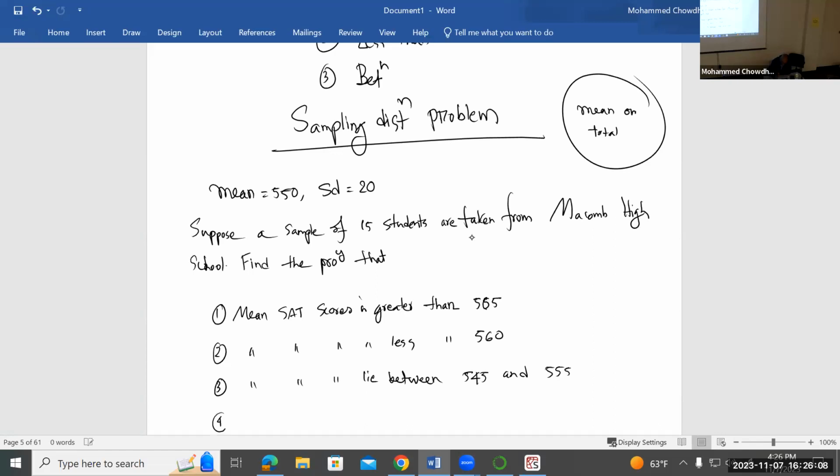And number four, find the mean SAT score at the 87th percentile.